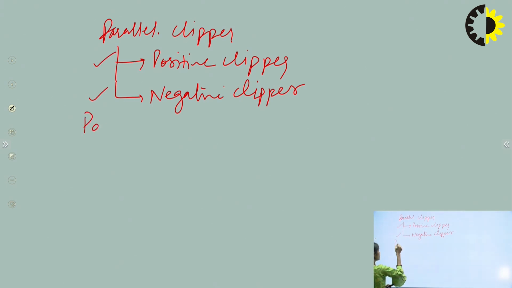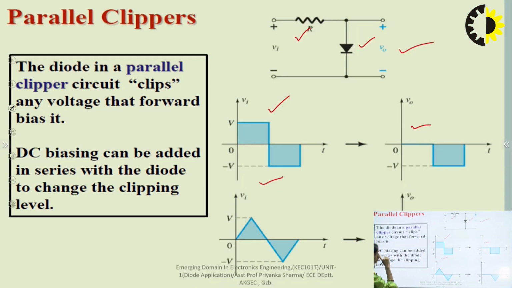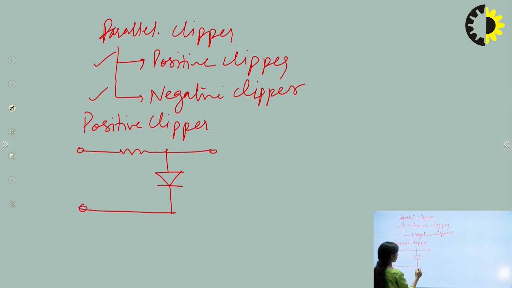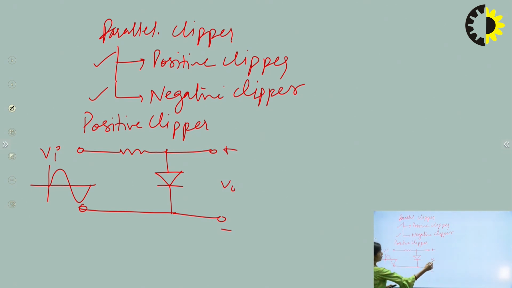So let us take the positive clipper first. In the positive clipper circuit, we have the diode arrangement like this. In this I have taken a sinusoidal input, that is Vi, and this is the output. Again I am going to analyze this positive clipper for the positive cycle as well as for the negative cycle.